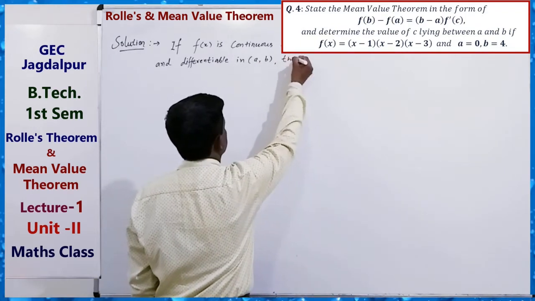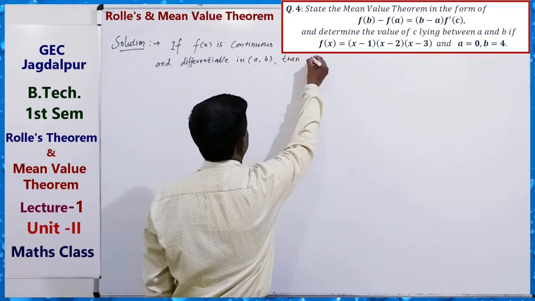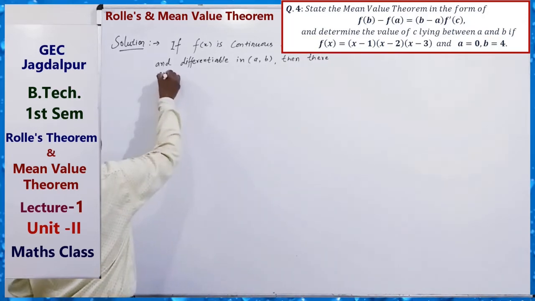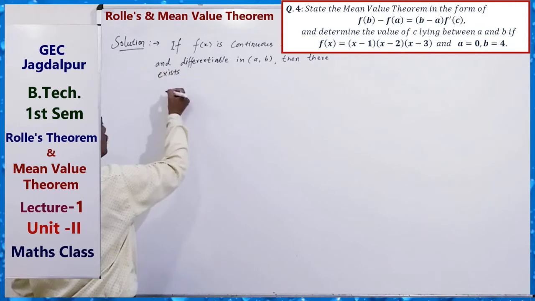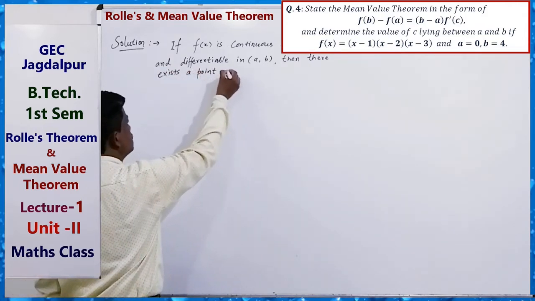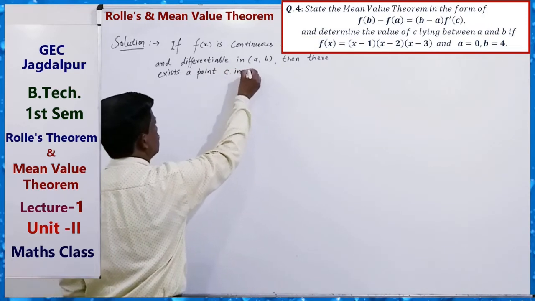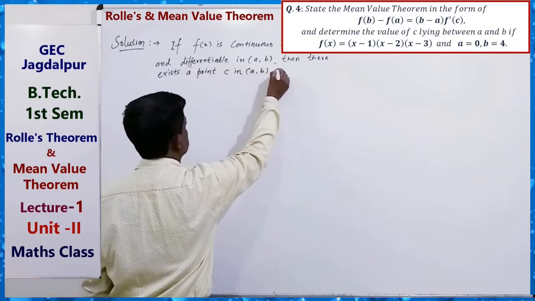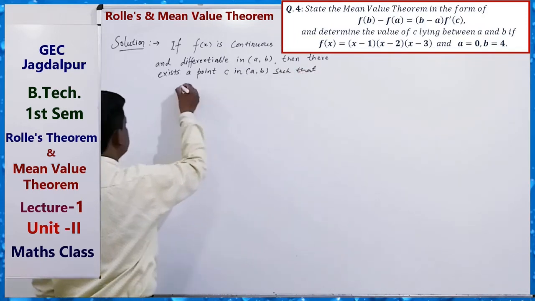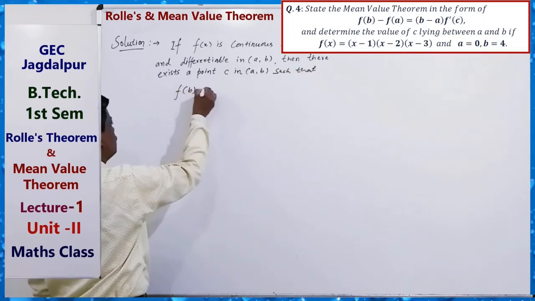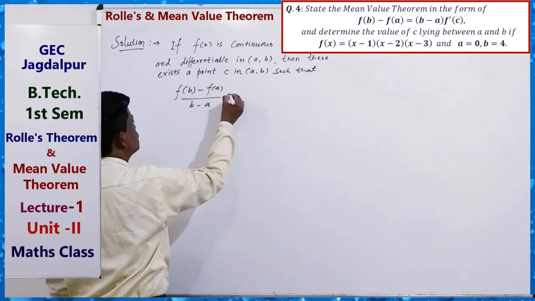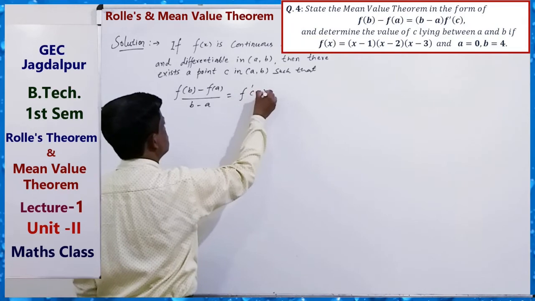Then there exists a point c in (a, b) such that (f(b) minus f(a)) upon (b minus a) equals f dash c.